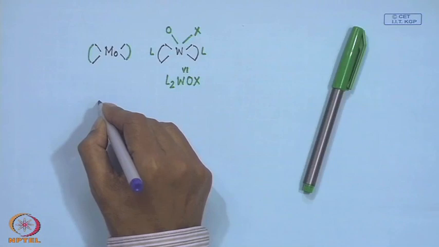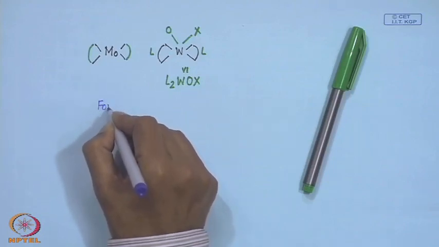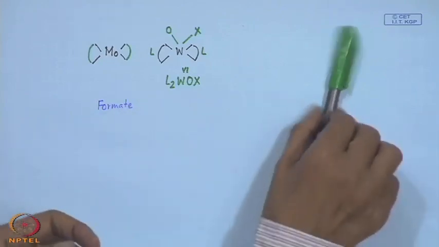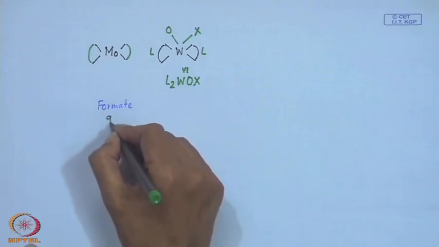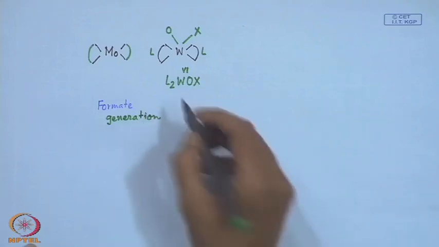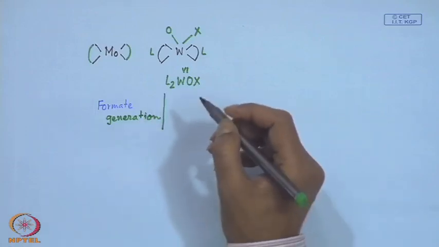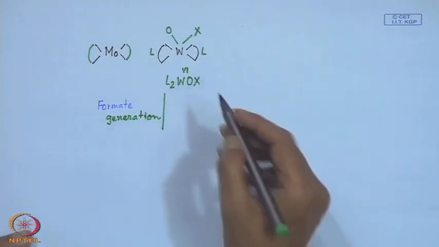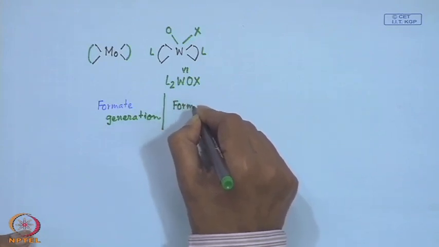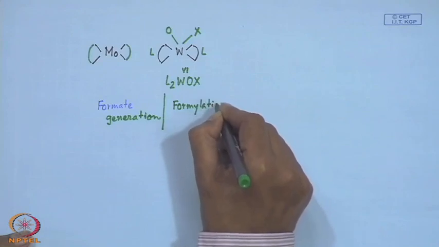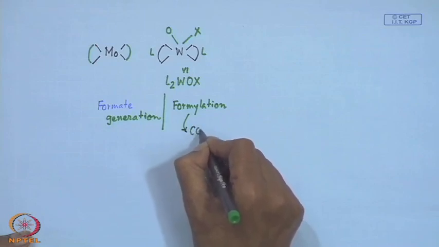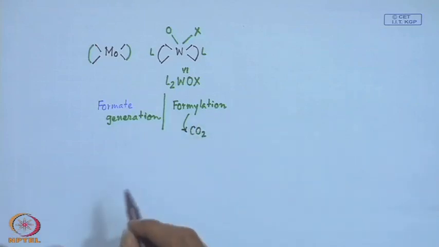So, how we can go for the corresponding formate generation, and this formate generation is another pathway, which is related to the formylation reaction we have just seen, and that formylation reaction is solely dependent on the species carbon dioxide.